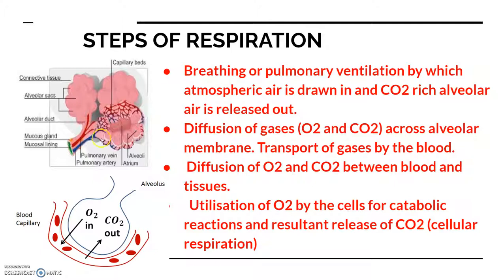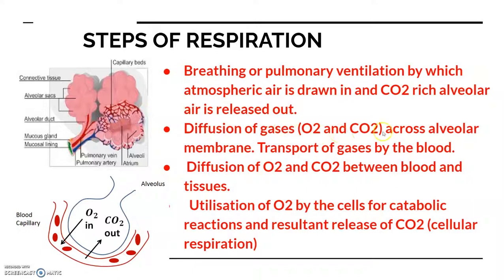So respiration involves these steps: breathing, or pulmonary ventilation, by which atmospheric air is drawn in and carbon dioxide-rich alveolar air is released out. We already know that oxygen has to be transferred into the blood capillaries and carbon dioxide needs to be released out.